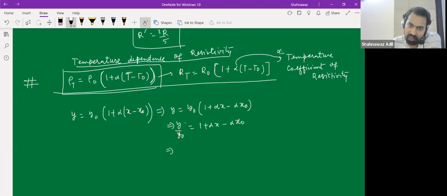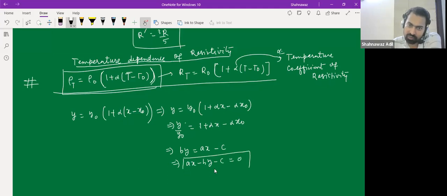So let's say this is ax minus by minus c equals 0.